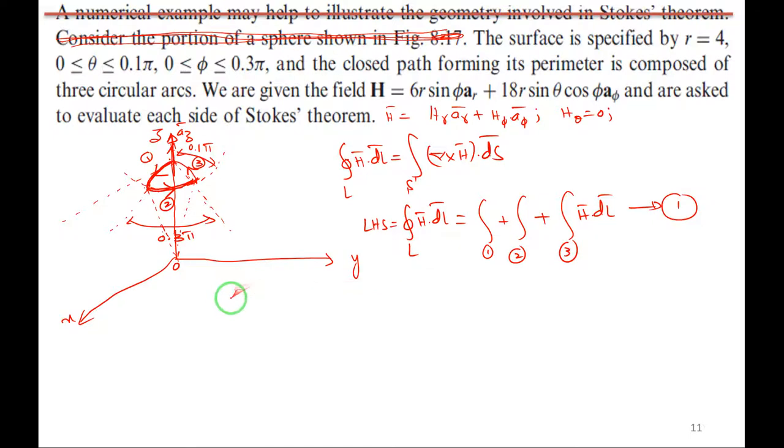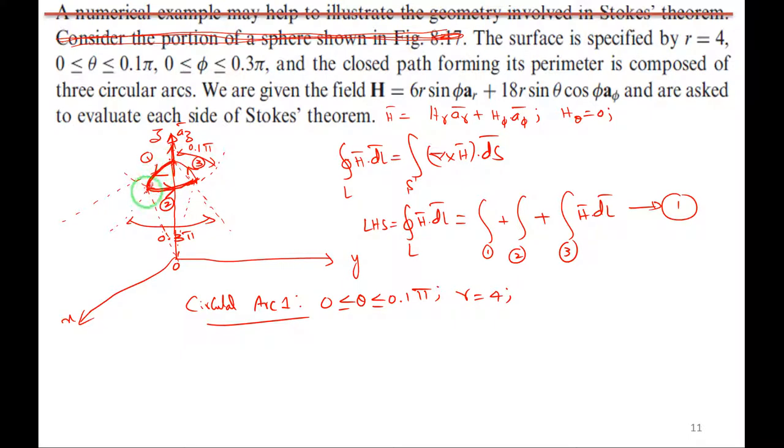So first we'll see circular arc 1, along this path 1. Circular arc 1 means from here to here, right? What is varying? Theta is varying from 0 to 0.1 pi. Then what about r? R is fixed, r is 4 here. Then what about phi on circular arc 1?